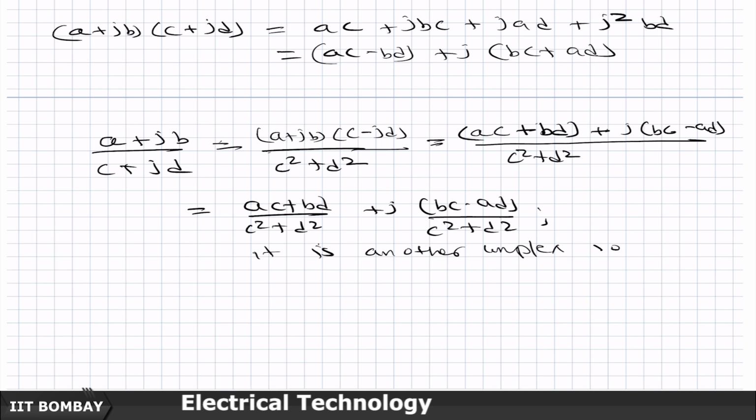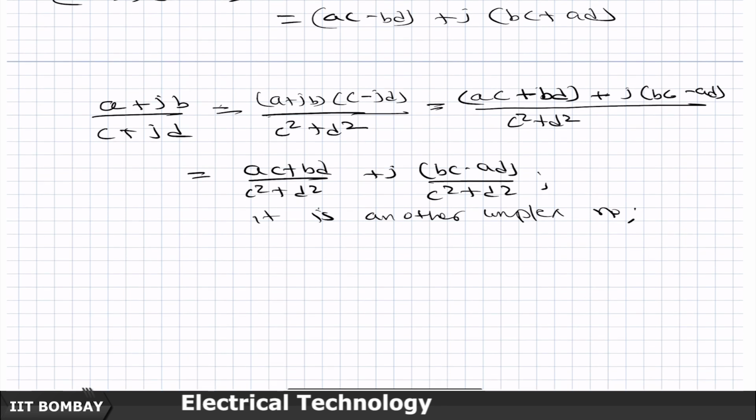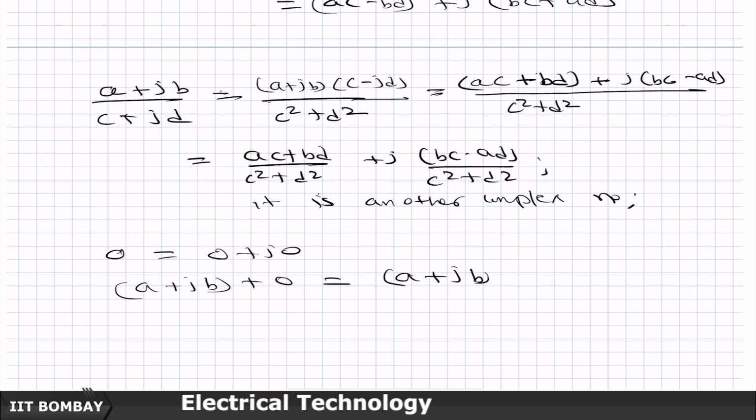number. So, the product of two complex numbers is a complex number in general, division of two complex numbers is a complex number in general, addition and subtraction of two complex numbers is a complex number. 0 is essentially 0 plus j 0. So, when I add 0 to a complex number, it is again the same complex number.